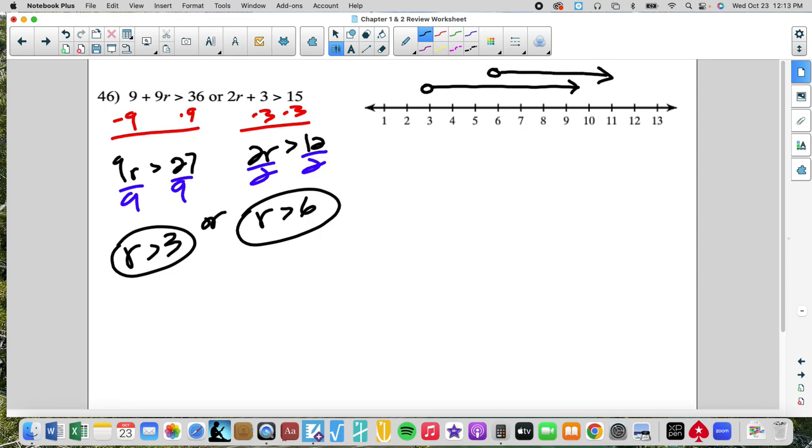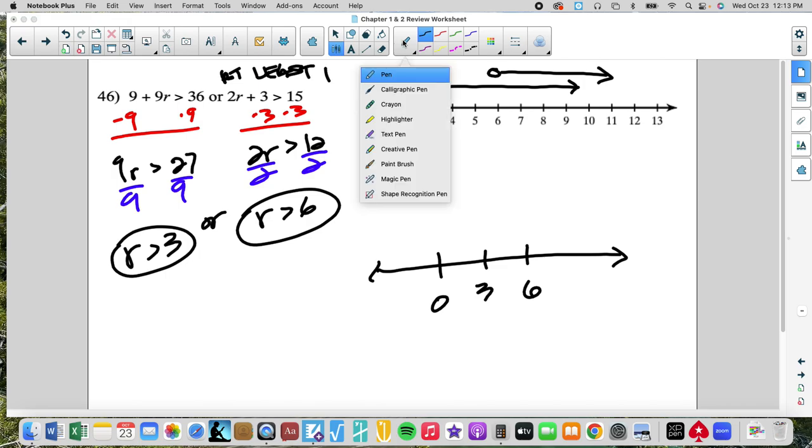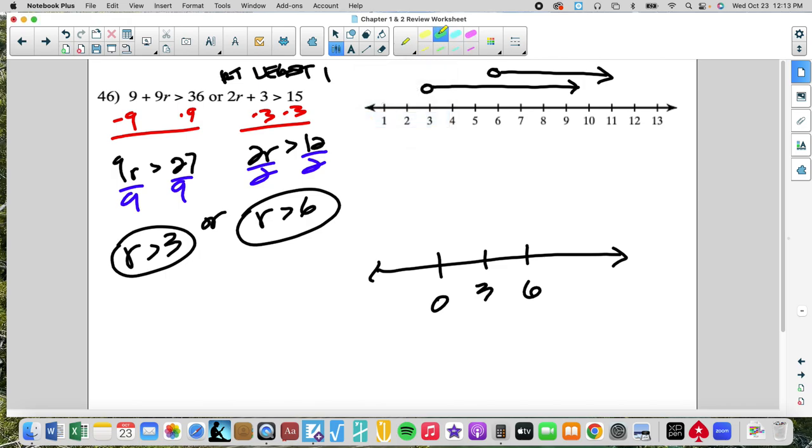So that answer, that solution, needs to be written on another graph. Where is it or? Or is at least 1. Where is there at least 1? Well, there's at least 1 in this section right here. And then there ends up being 2 past that.